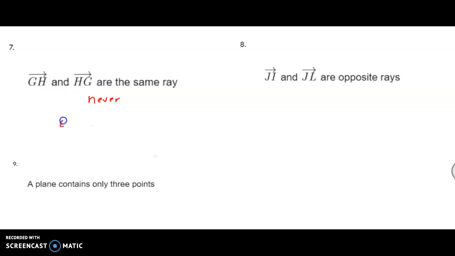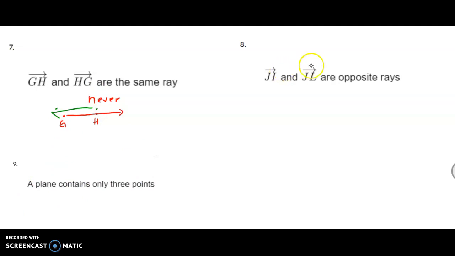So if it's GH, right, and H is over here, you're starting at G and you're going this way, okay? It's about the direction, all right? And then for the other one, if you start at H and you're going towards G, okay, I don't think that's the same ray, okay?